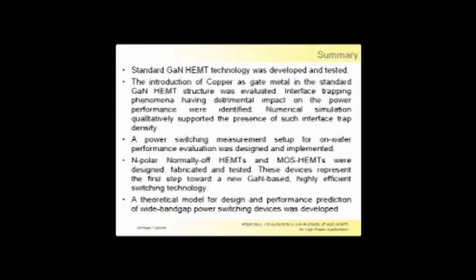What we have done next was develop a switching measurement setup for on-wafer performance evaluation, and then we tried to address some of the issues affecting the gallium nitride HEMT switching technology.